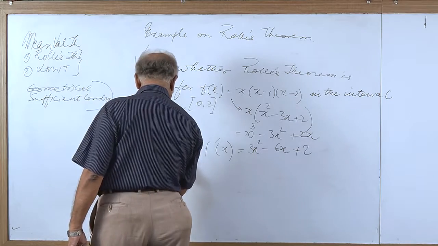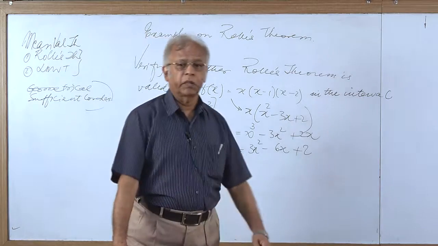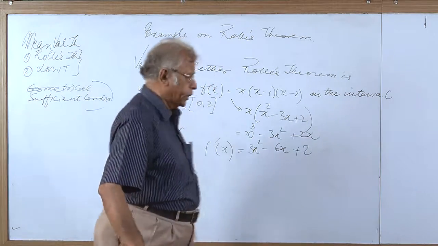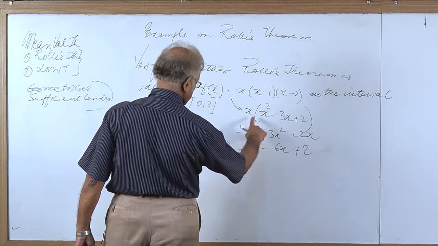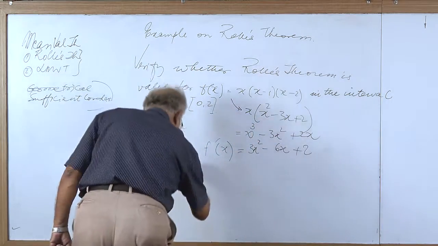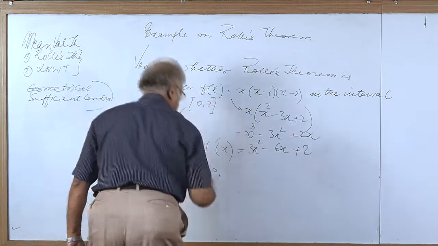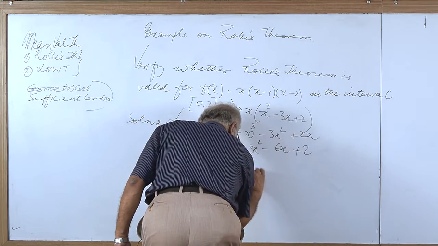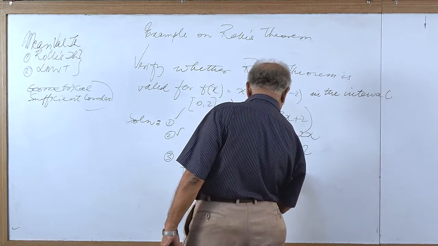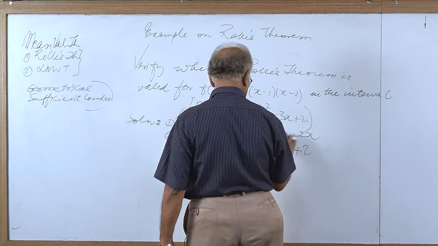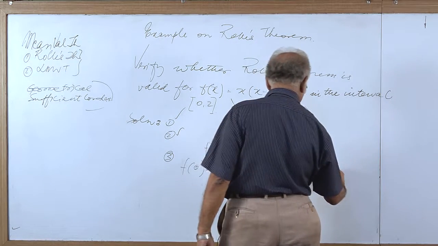The third condition says that at the end points, the values of the function, that means f(a) and f(b), must be equal to each other. Now, f(0) is 0, and f(2) is nothing but 2³, that is 8, minus 3 into 2², so that is 8 minus 12, plus 2 twos are 4.